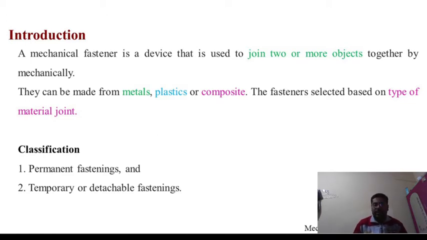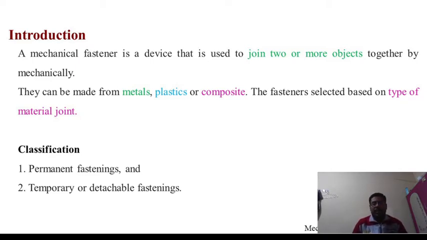Once we join the parts, we cannot reassemble or detach them; the joint is fixed, and if we want to get back to the parts, we have to break down the metals or joints. This is permanent fastening. For example, rivets and welded joints, riveted joints, are all permanent fastenings.